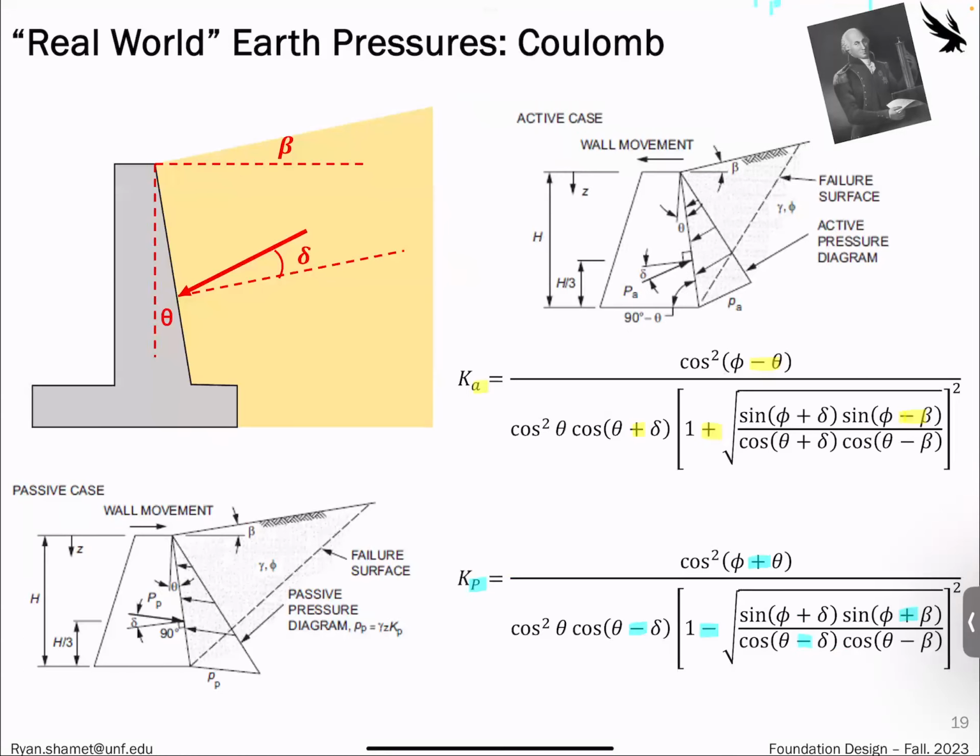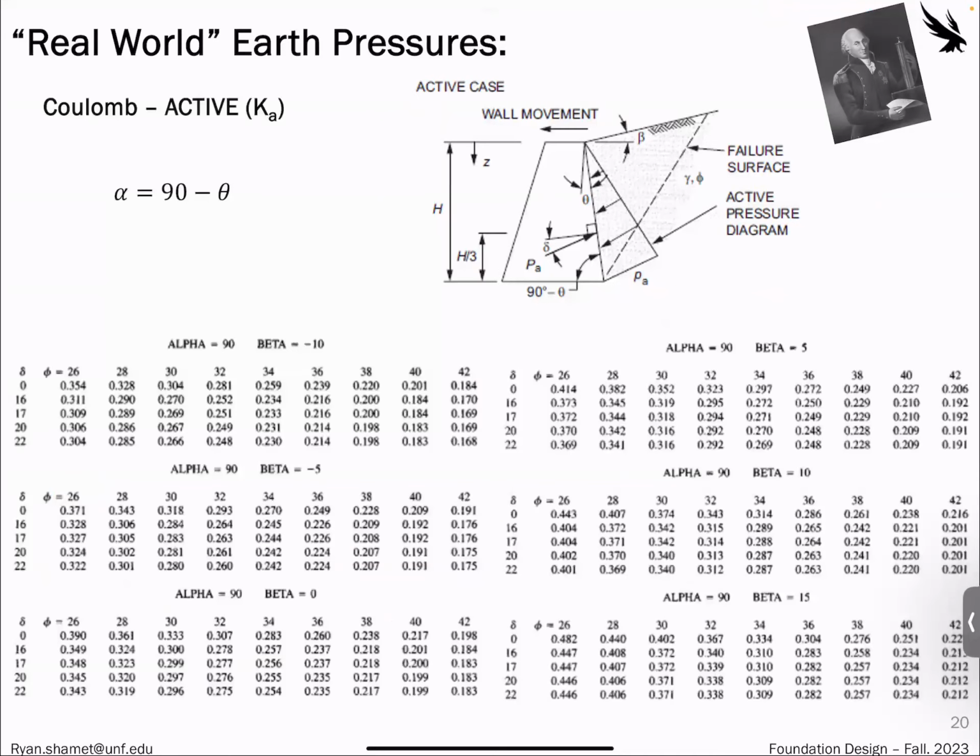Just to recap, these equations here for the active and the passive earth pressure coefficients are shown there. But if you don't want to do a bunch of crazy math, engineers already took care of that, and we have those values here. These values will then be used in the equation to relate the vertical stress to the horizontal stress.